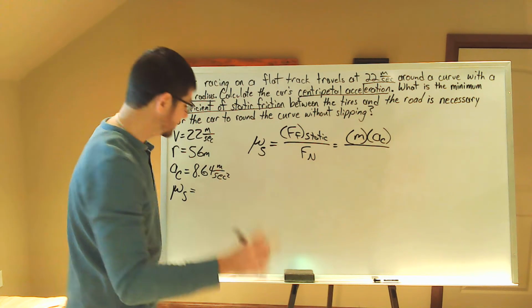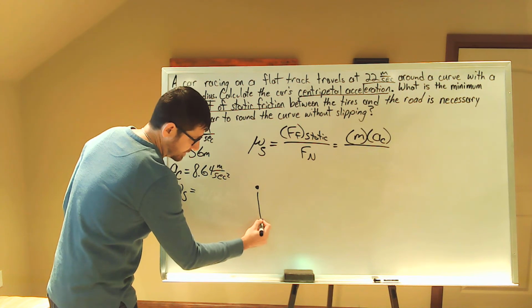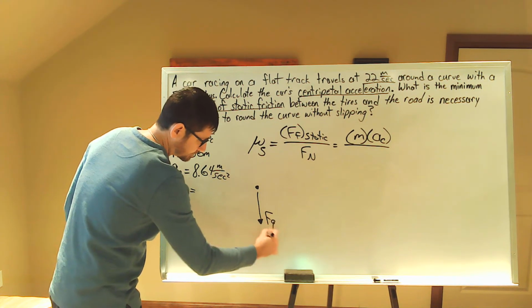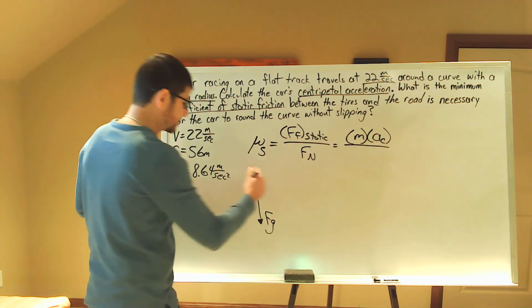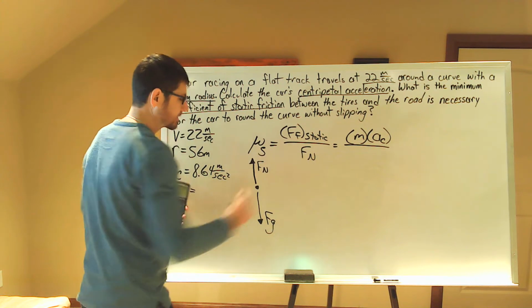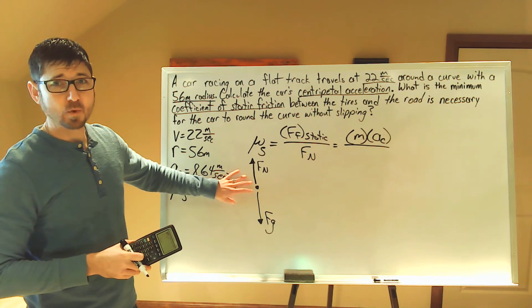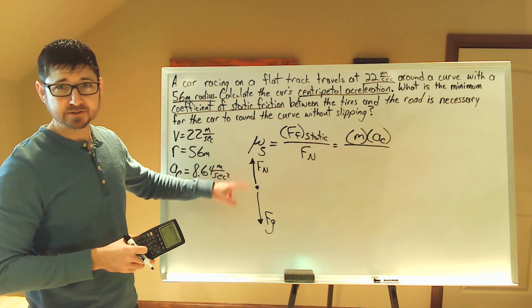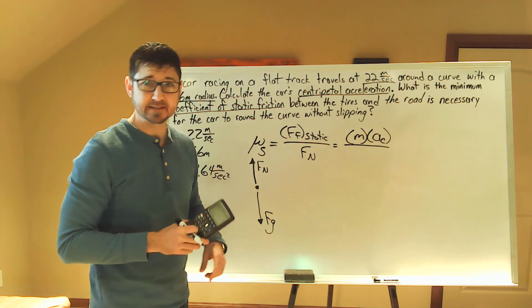Now, if I drew a free body diagram here, we know that the weight force vector points in the negative y direction, and the normal force vector points in the positive y direction. And we know that there's no acceleration in the y direction, so we have an interaction pair. Our forces are equal in magnitude but opposite in direction.